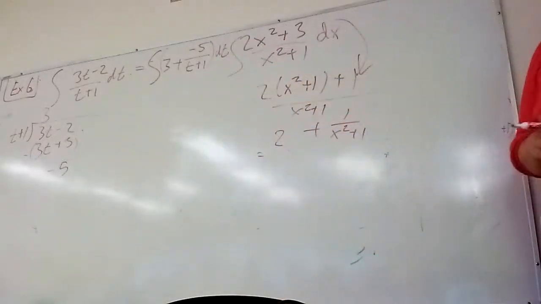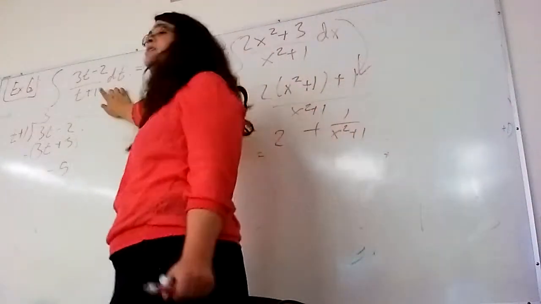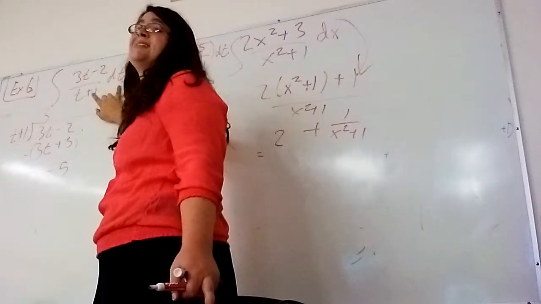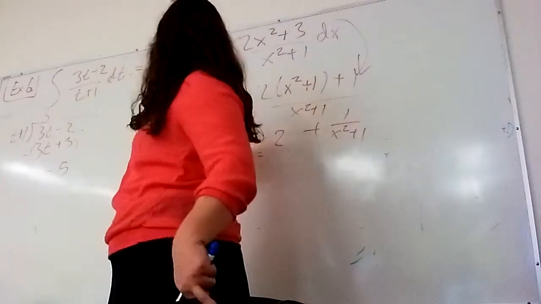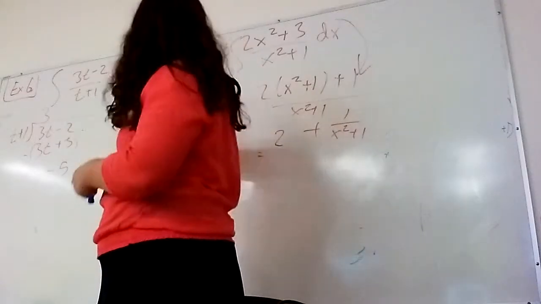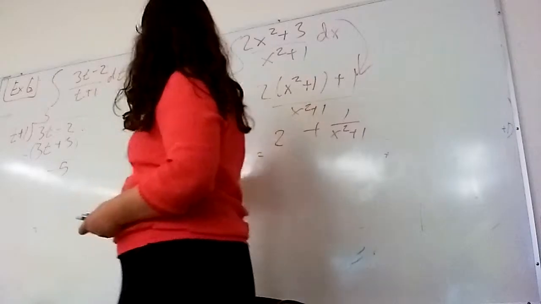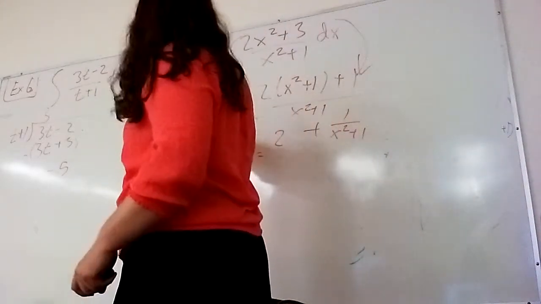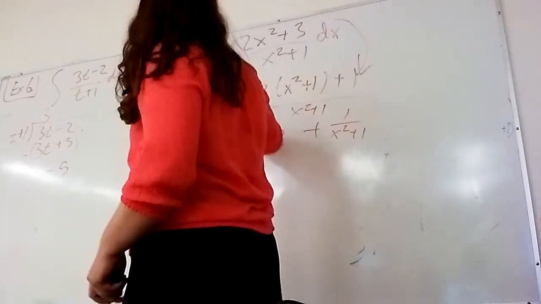Now, firstly, the original fraction I couldn't integrate. There's no quotient rule for integration, so I couldn't do anything with it originally. But these two pieces are both things I can integrate. The antiderivative of 3 is just 3t. The antiderivative of the other piece is negative 5 ln of the absolute value of t plus 1.